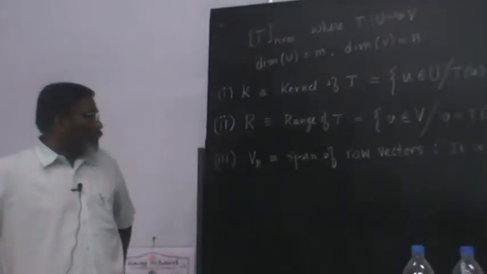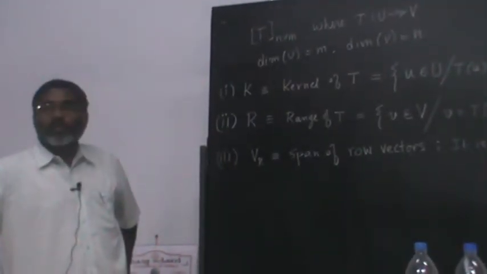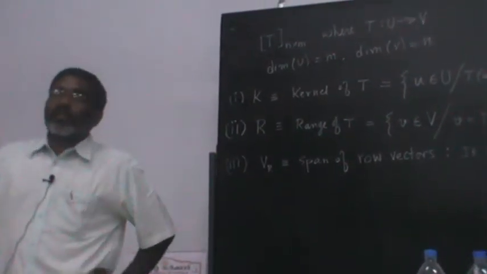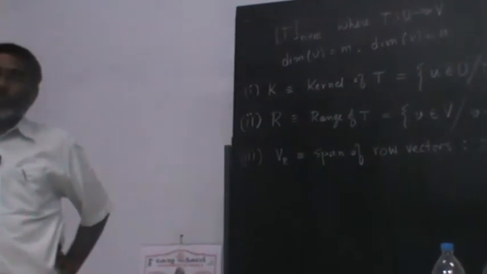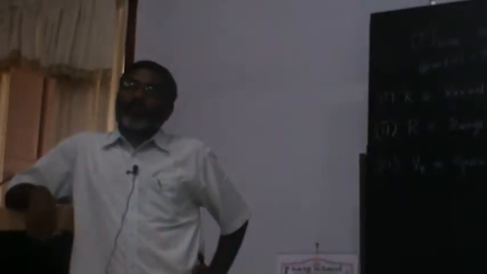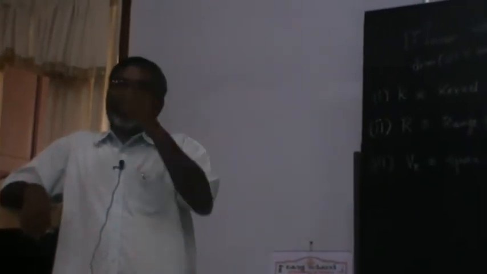How many rows are there in the T matrix? N rows. So what is the maximum dimension of the span of n rows? N rows means n vectors, right?